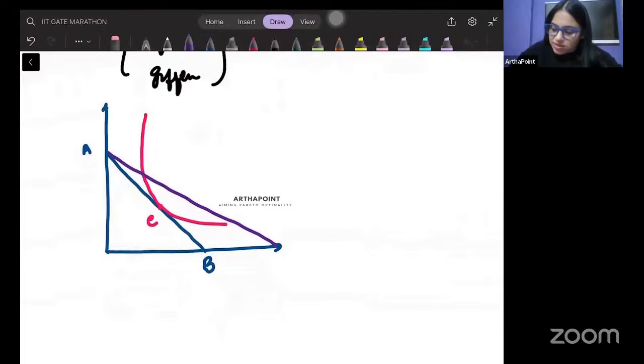Just notice here, beta, if I draw my new equilibrium point here at E1, then also I have increased the demand of good X.